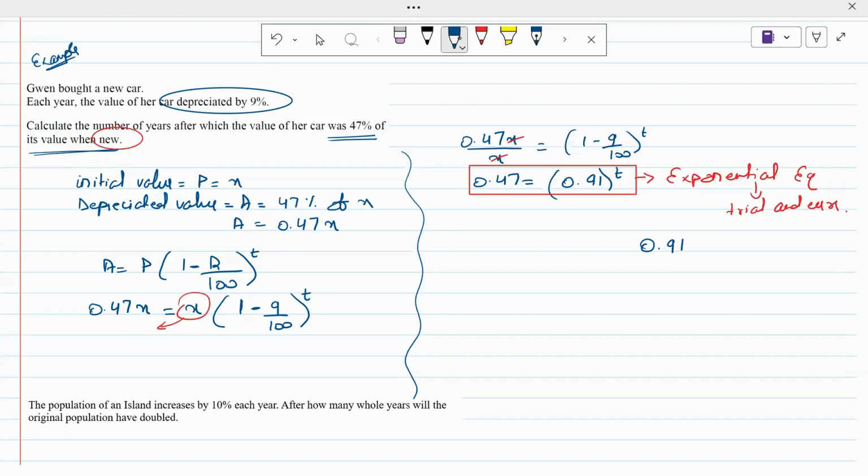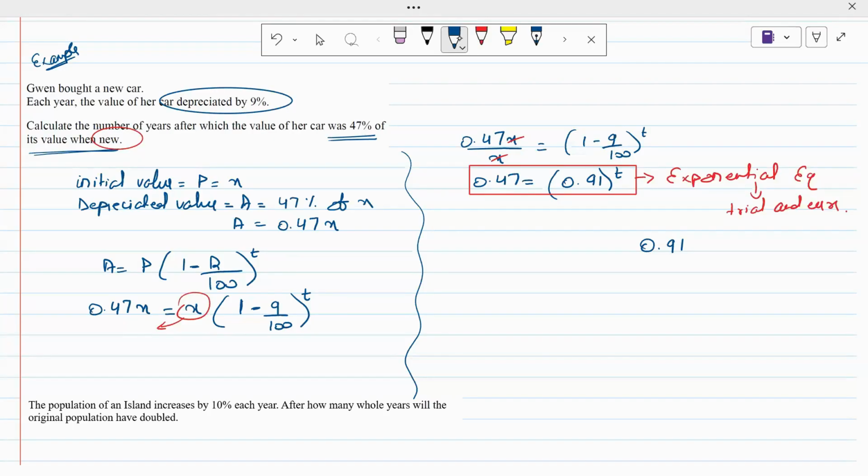I have to check for 8 also. 8 is making me 0.4702. 9 is giving 0.4279.